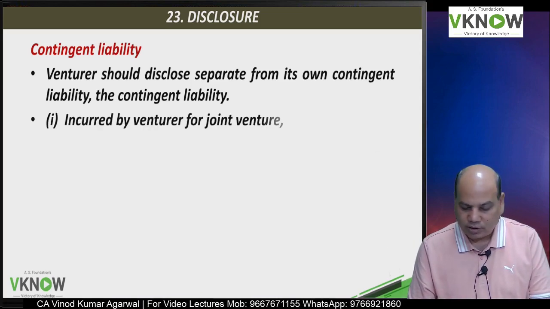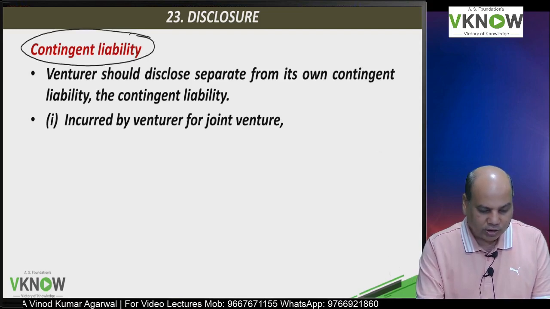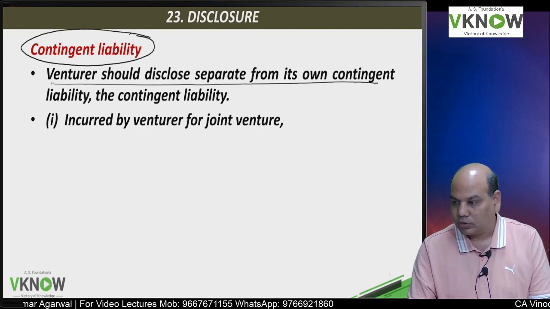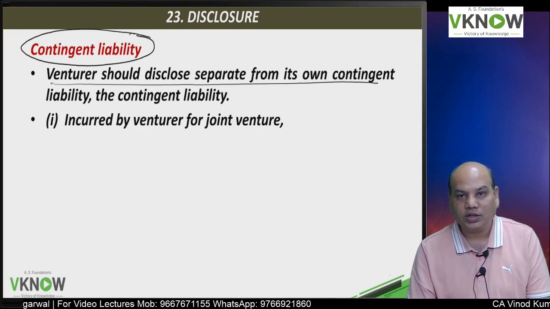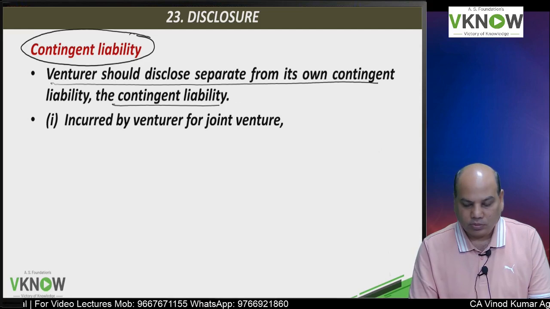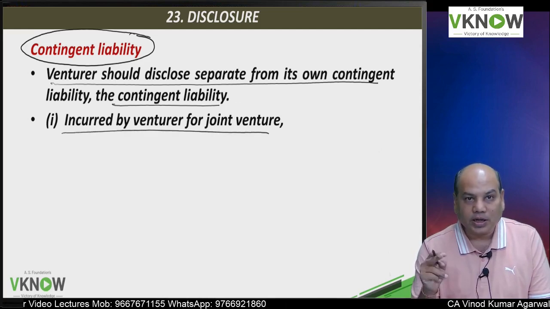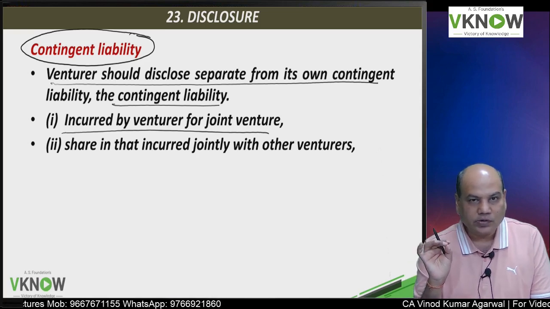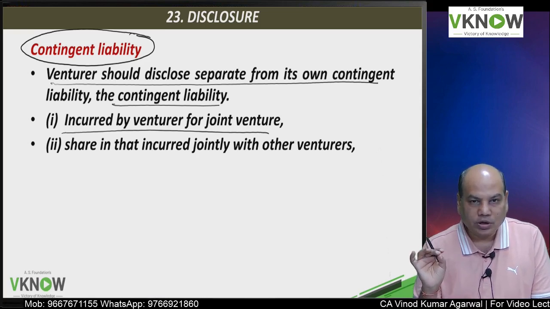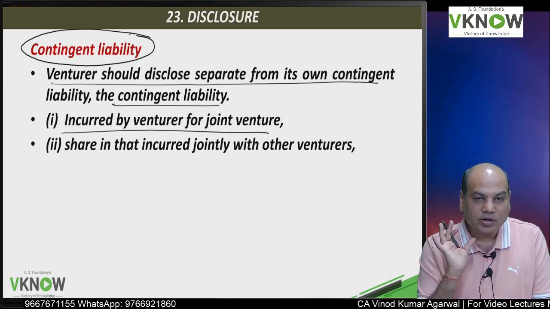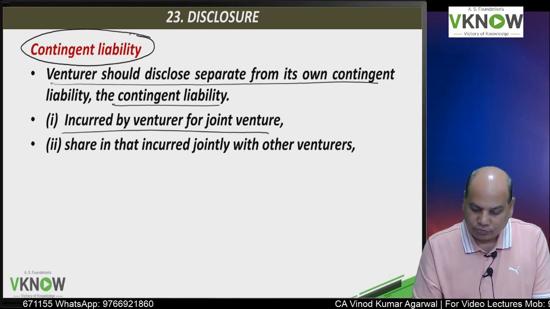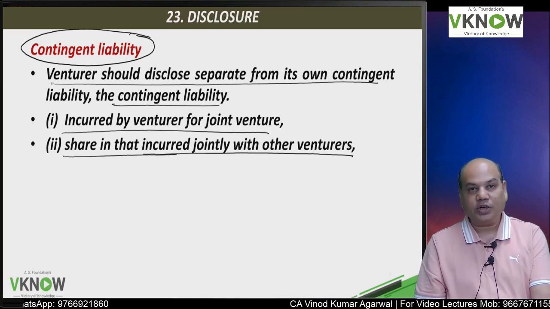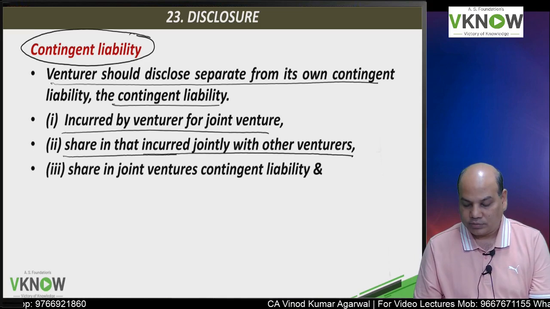So disclosure requirement is, one is about contingent liability. Venturer would disclose separate from its own contingent liability incurred by the venturer for joint venture. So whatever contingent liability he might be responsible for, disclose that. He has to also disclose the contingent liability which he has jointly incurred with other co-venturer.